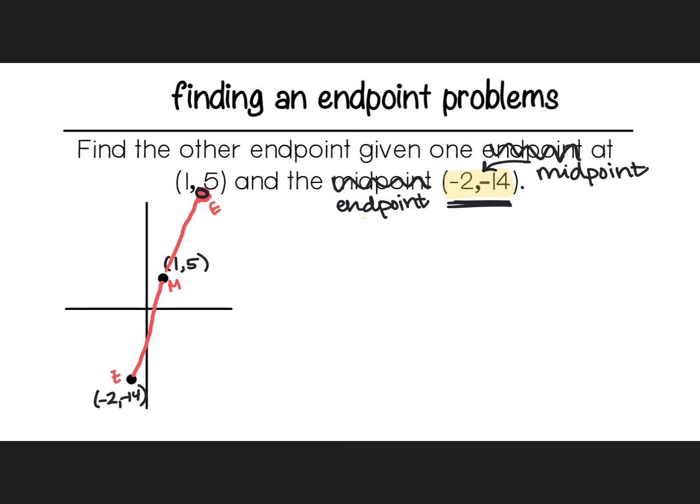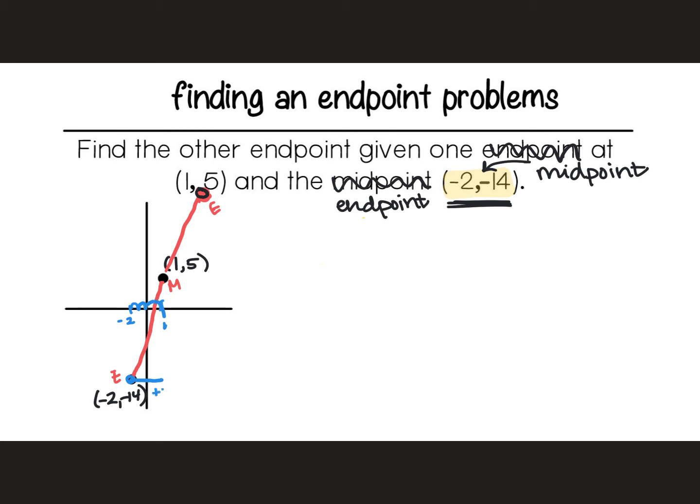So here's how we're going to reason through this. If we take a look at the endpoint we have, which is negative 2, negative 14, I want you to think about how you would move to get to the midpoint. So let's talk about the x's. If I start here, this is an x value of negative 2. How far do I have to move to get to an x value of 1? I would have to move negative 2 to negative 1 to 0 to 1.